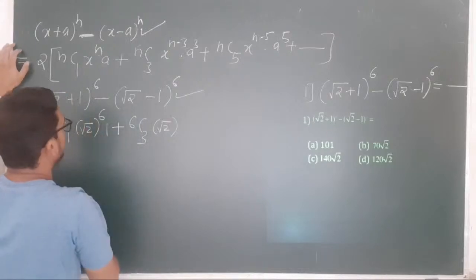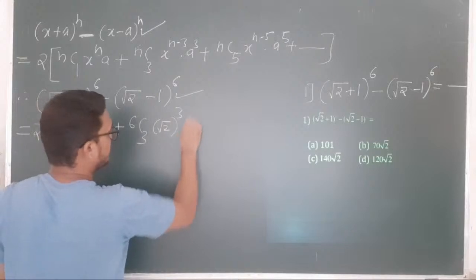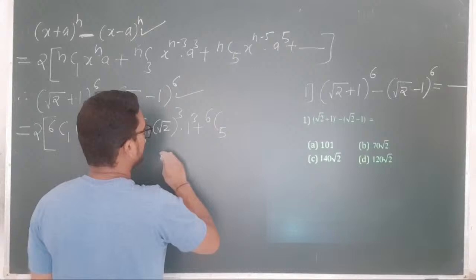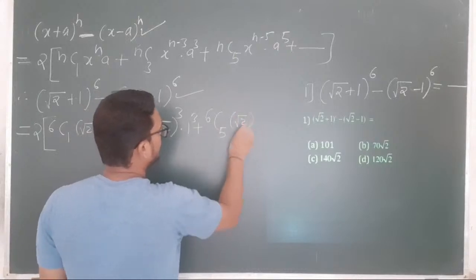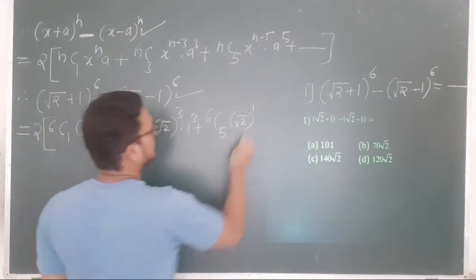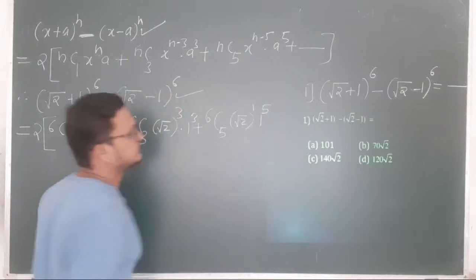So n is 6 here, 6 minus 3 is 3, into 1 cube, plus 6C5 root 2 to the power 6 minus 5 is 1, into 1 to the power 5.